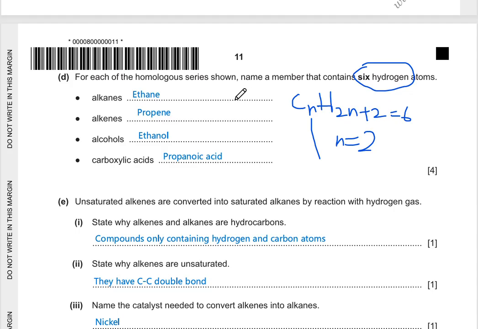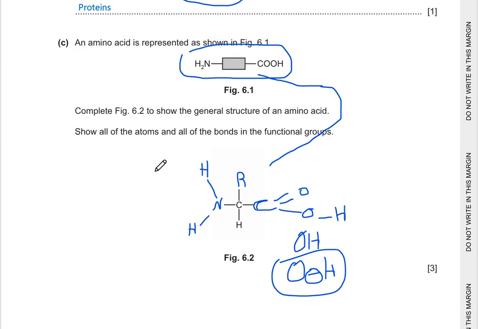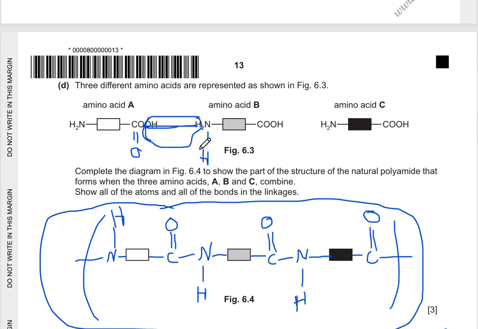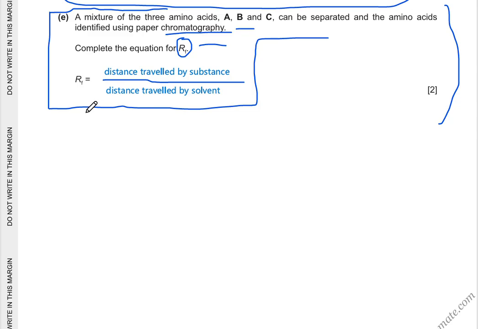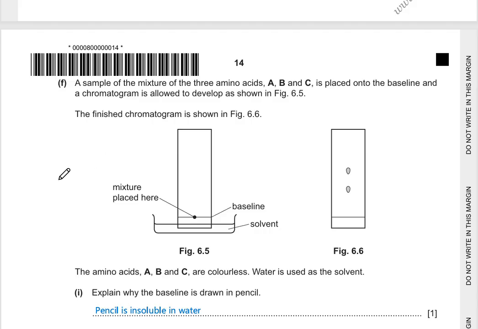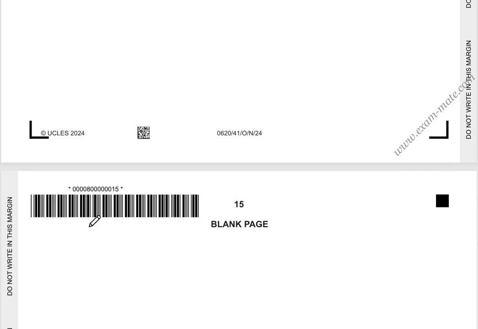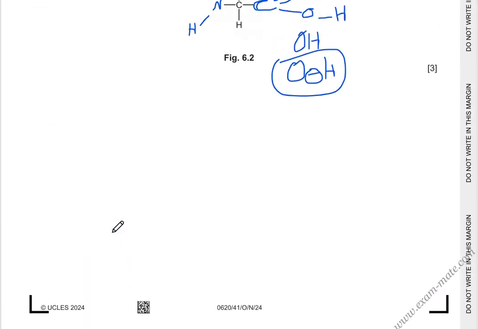This question, 6 hydrogen atoms, really employed algebra here, and also asking to draw the general formula and structural formula, and about chromatography in particular. Pretty new questions, like the pencil is insoluble in water and the amino acid has the same RF value, but they can be solved logically using the definitions and previous knowledge of chemistry.